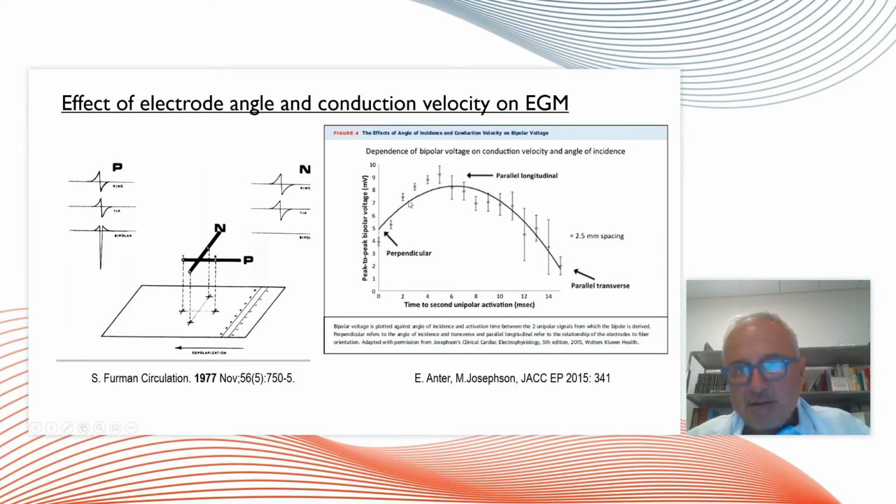This is not consistent with physiology, that the voltage should increase when the conduction velocity goes down. So you have to keep in mind that even with the best electrode and algorithm, the bipolar contact electrogram is full of error.